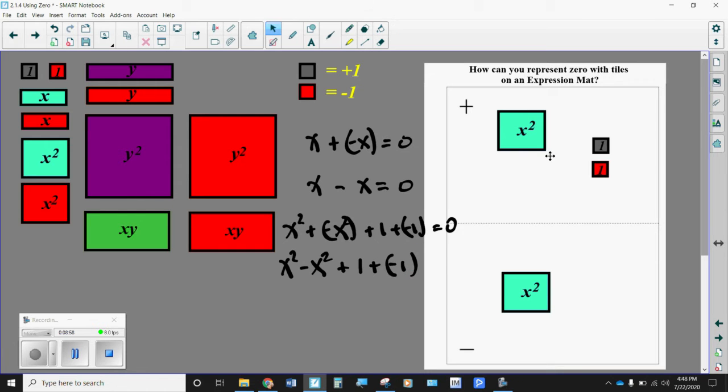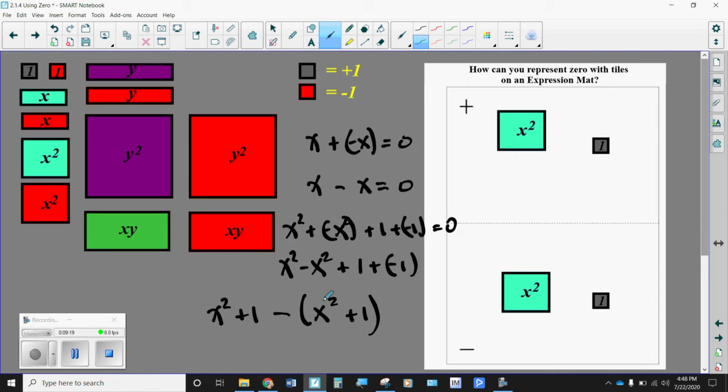And if I wanted to take this guy and move it across the street, I could do that, and this guy becomes x squared plus 1 minus x squared minus 1, or another way of saying that would be x squared plus 1 minus, in parentheses, x squared plus 1. This entire quantity is being subtracted from that, they're the same thing, so they're going to equal 0. So hopefully what you're seeing from this exercise is where and how you locate 0 pairs.